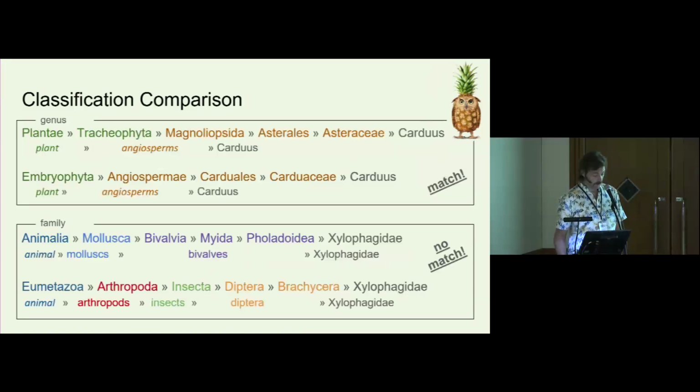So what we ended up doing is following this human approach: we identify the green stuff, so we're dealing with plants, we're dealing with angiosperms. That matches up pretty nicely, so I think this is probably a match of the genus, while for the other ones, we have larger groups, animal, mollusks, arthropods, insects. It is very unlikely that their family is the same thing.